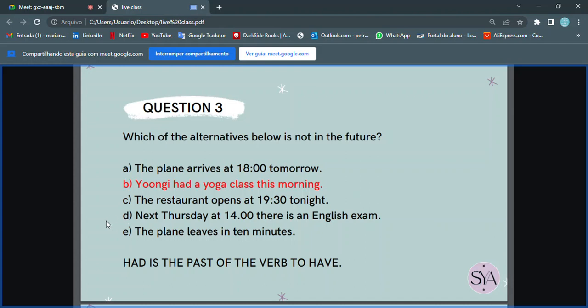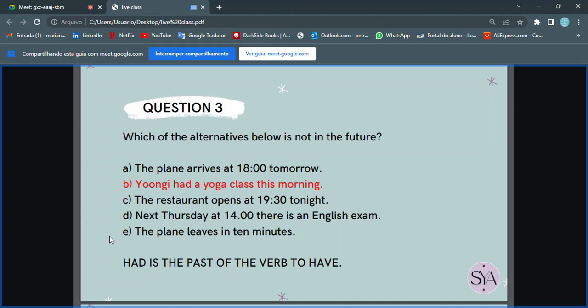Letter D, next Tuesday at 14, there is an English exam. So we also understand that the sentence is using the verb tense present, but because of the context, we know that this situation is going to happen in the future.